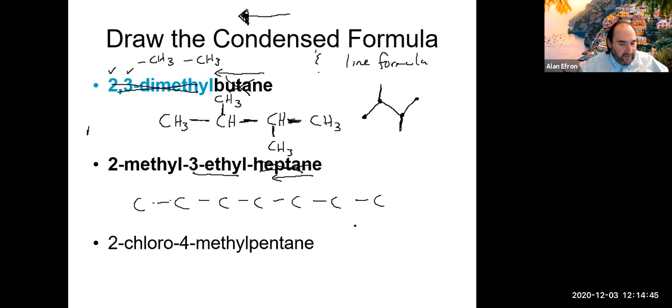So I'm going to go left to right again. This is going to be 1, 2, 3. Since I don't have a lot of room up on top, I'm going to put it on the bottom. So I will do my 2-carbon group here, and that would be my ethyl group at carbon 3. Since I called that carbon 3, carbon 2 must be 1 behind it, and that has a methyl group.